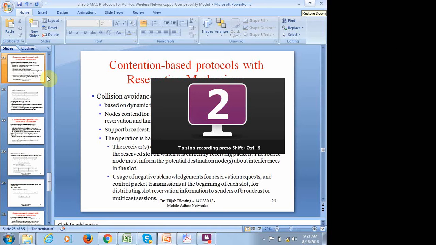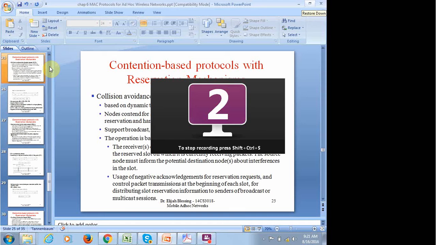So in the previous class, we learnt about different contention-based reservation protocols, and very specifically we looked at a protocol called DPRMA, which is basically a distributed packet reservation multiple access protocol.